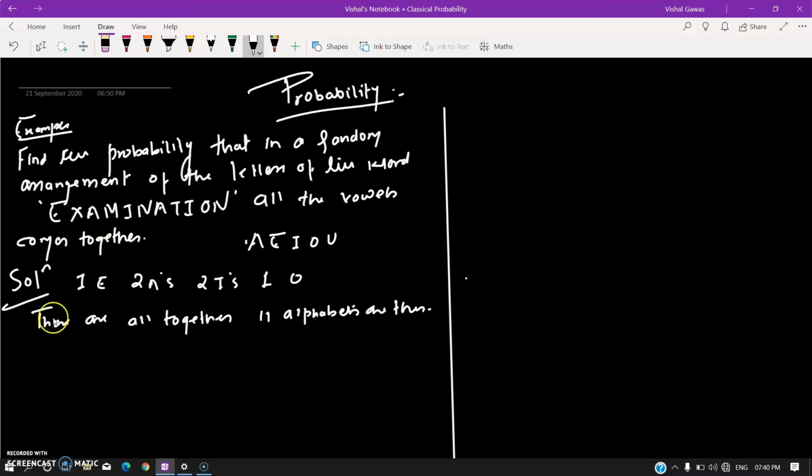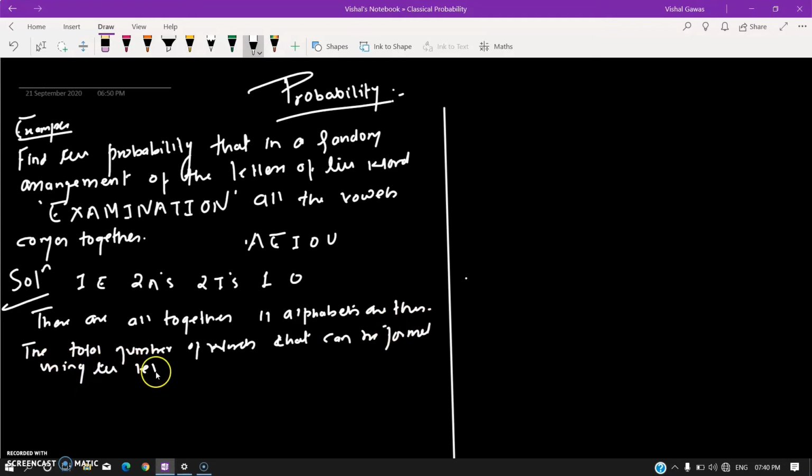The total number of words that can be formed using the letters of examination is 11 factorial divided by 2 factorial into 2 factorial.